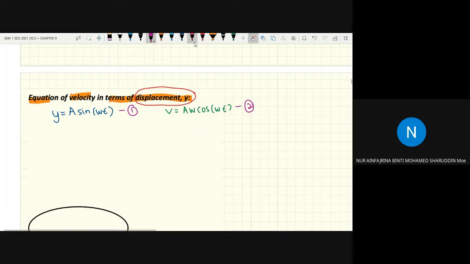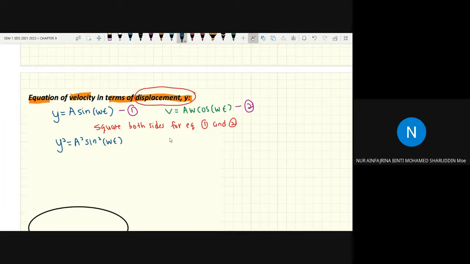What I'm going to do now, I'm going to square both sides for equation 1 and 2. So now equation 1 and equation 2, Miss will square both sides. When Miss squares both sides, Miss will get y squared equals a squared sin squared omega t.